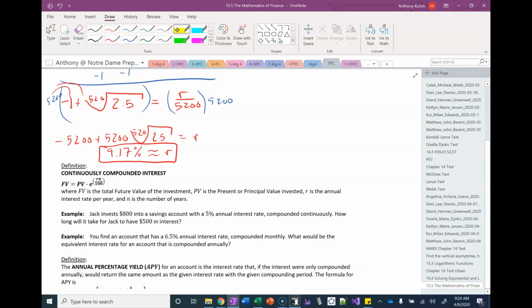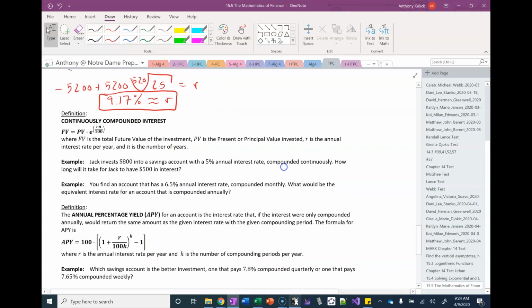Okay. Our last situation is continuously compounding interest. So this is a special situation for compound interest, in which our interest is not compounding every year.